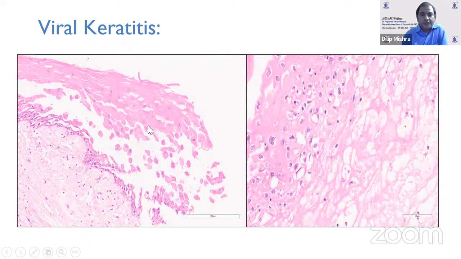You see that the epithelium is discohesive, and the nucleus has a resin-like appearance with multilobulation. An inexperienced pathologist can diagnose it as dysplasia, but this is not dysplasia. This is viral particle induced change in the epithelium. So this is a case of viral keratitis.